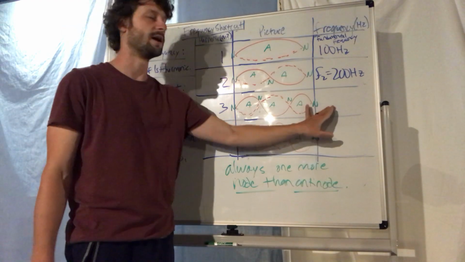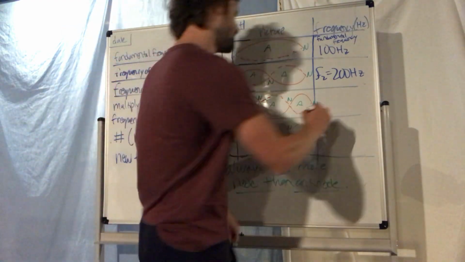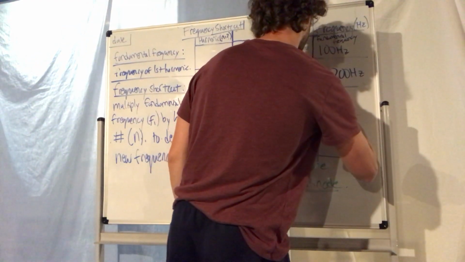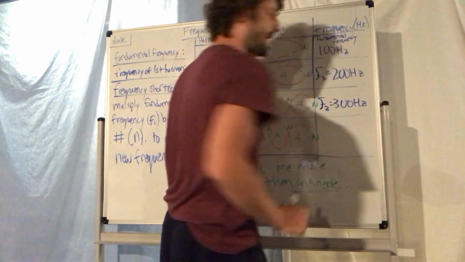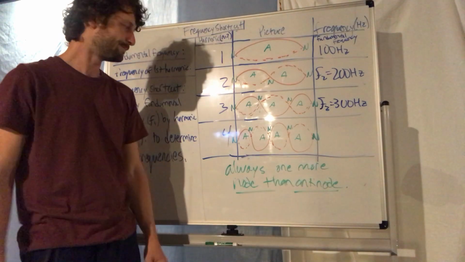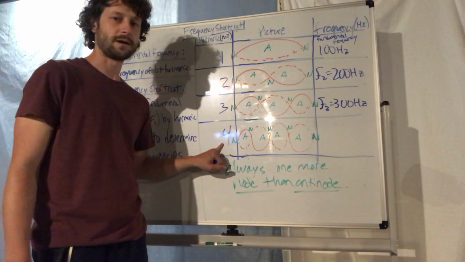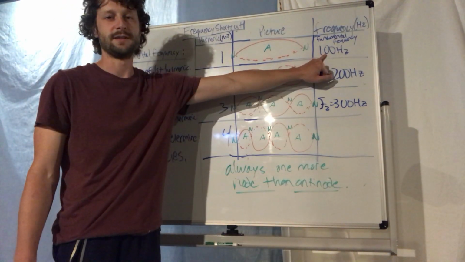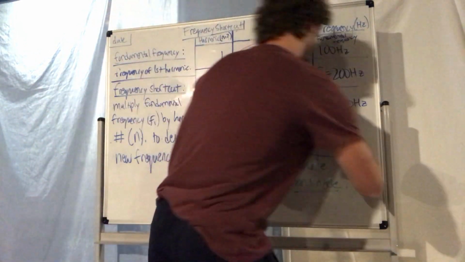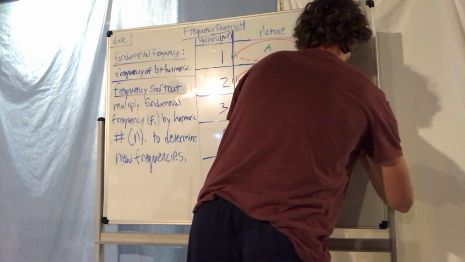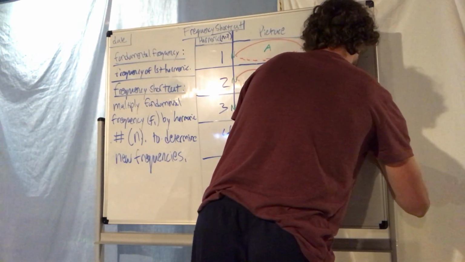But for the third harmonic, that's right, you're catching on now, you have to triple the fundamental. So it's just another 100 added on in this example. For the fourth harmonic, again, it's based on the fundamental, but it's the fundamental times 4. F4 is 400 hertz.